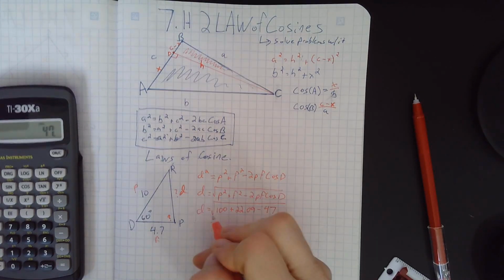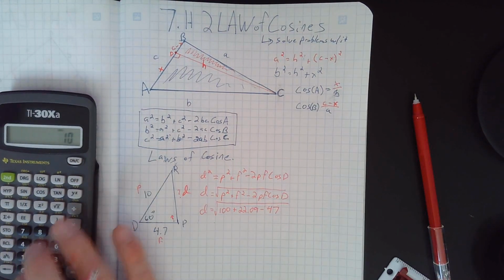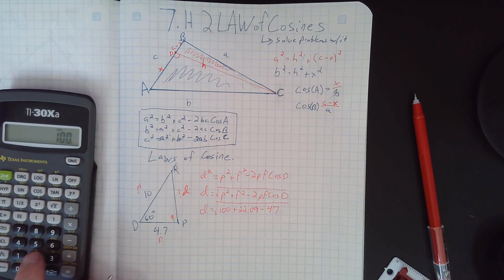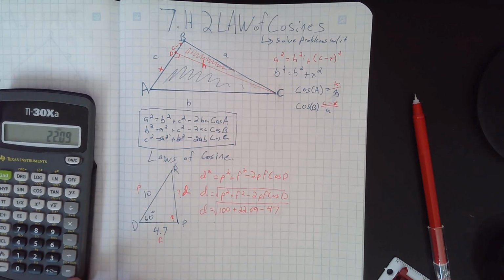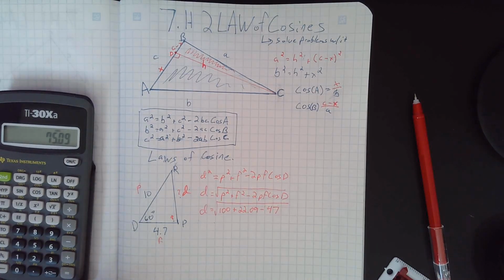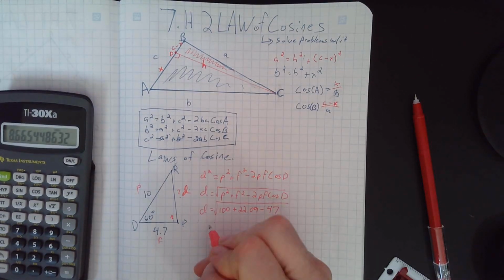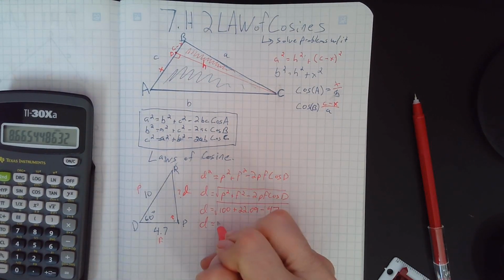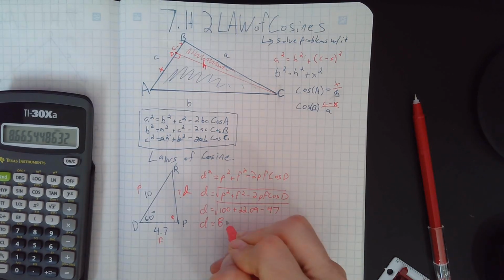Okay, so now I can say that is 100 plus 22.09 minus 47. Take the square root of that. The distance equals about 8.67.